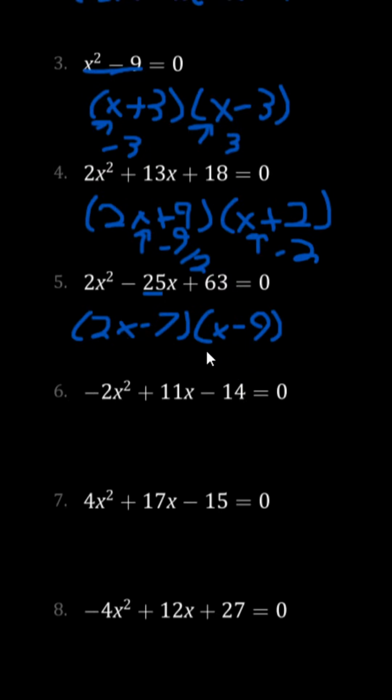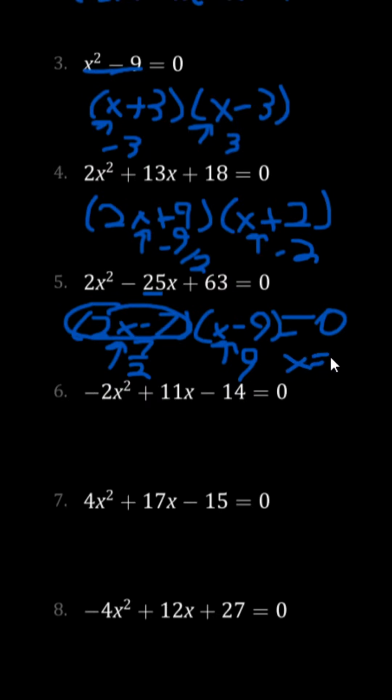Negative 7 plus negative 18 is negative 25. It's just a puzzle. A nice little puzzle. And what we need to plug in for this entire factor to become 0, well, that's going to be positive 7 over 2. And for this one, we just need to plug in 9. So x is equal to 7 over 2, and x is equal to 9. Wonderful.